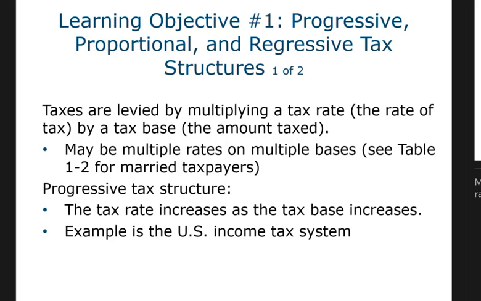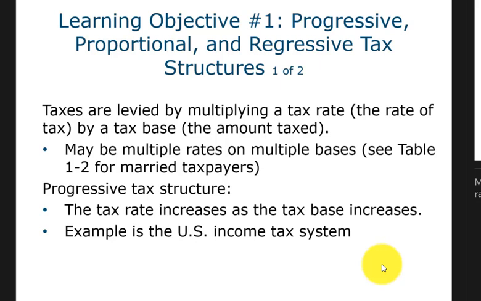There could be multiple rates depending on the income. A progressive tax structure, which is what we have here in the United States currently, means the tax rate increases as the tax base increases. You pay a higher percentage of your income in taxes depending on what your income is.